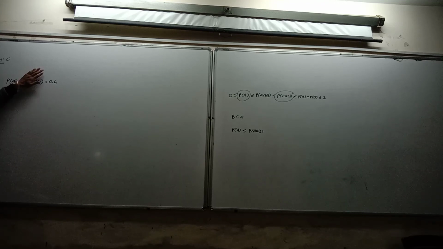Okay. Second value covered, so P of B is equal to 0.4.